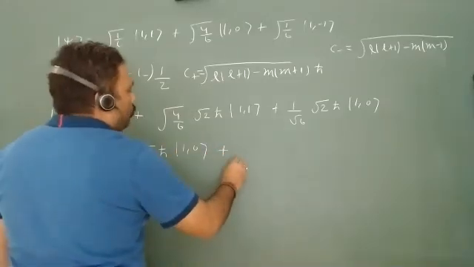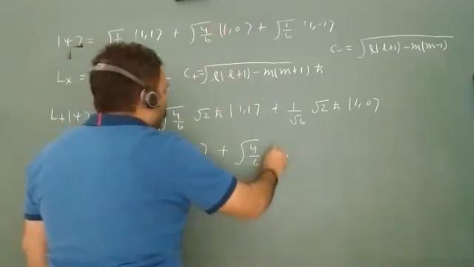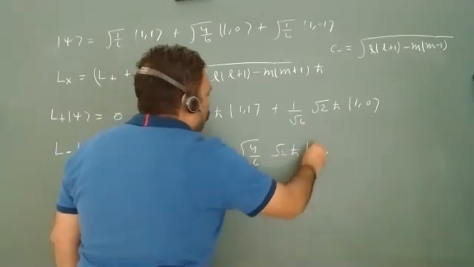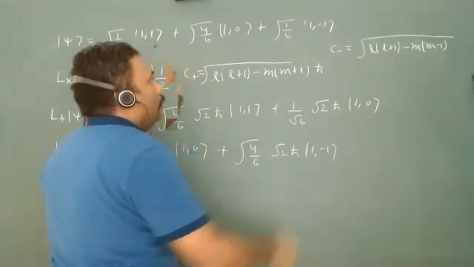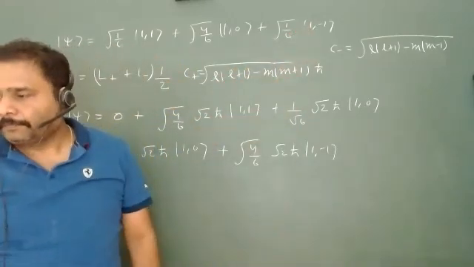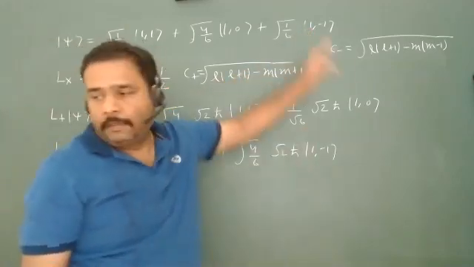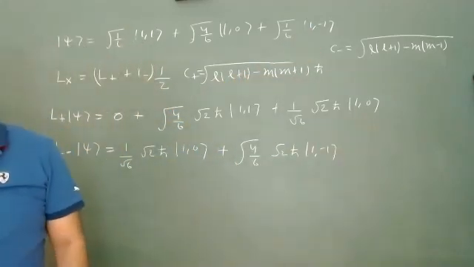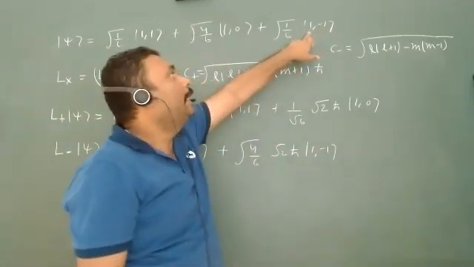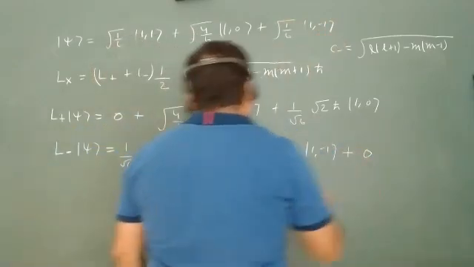And plus root under 4 upon 6. Which state will it go to? 1 and minus 1, and root 2 h cut is also there. And what will happen to this state? 0, because you can never write 1 minus 2. This is not possible. So this will be 0.